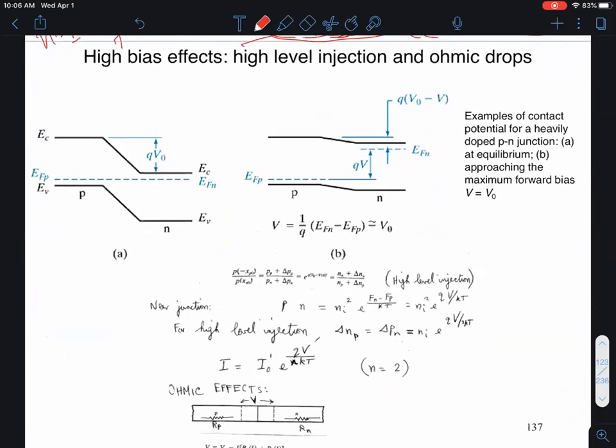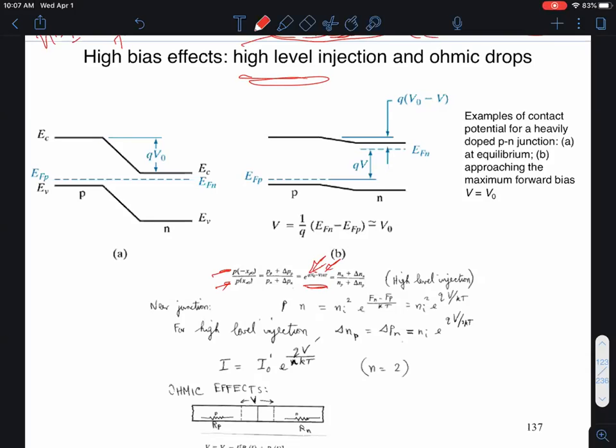Next approximation that we'll get rid of is this low level assumption, okay? Once again, remember, we said that the majority carrier concentration divided by the minority carrier concentration is given by e to the power q voltage over kT, and that voltage could be the V naught minus forward bias or V naught plus reverse bias.